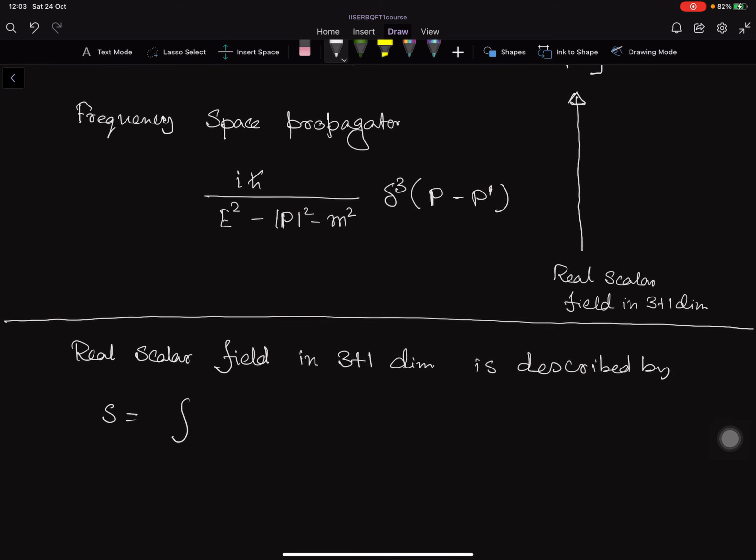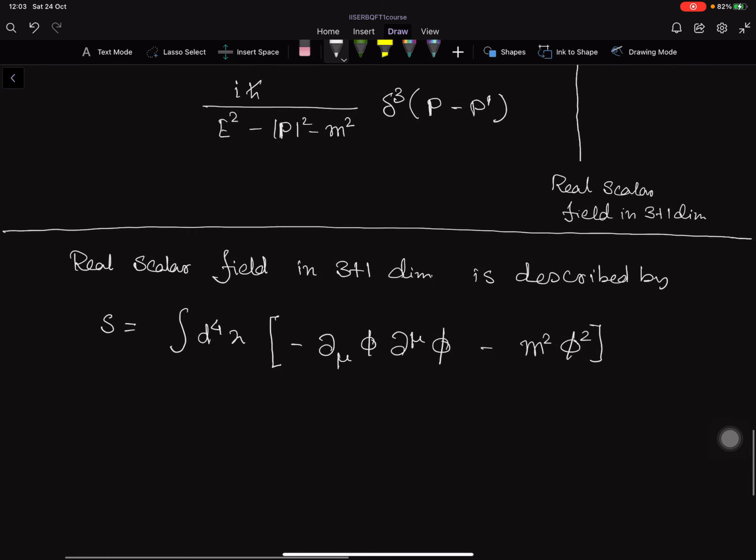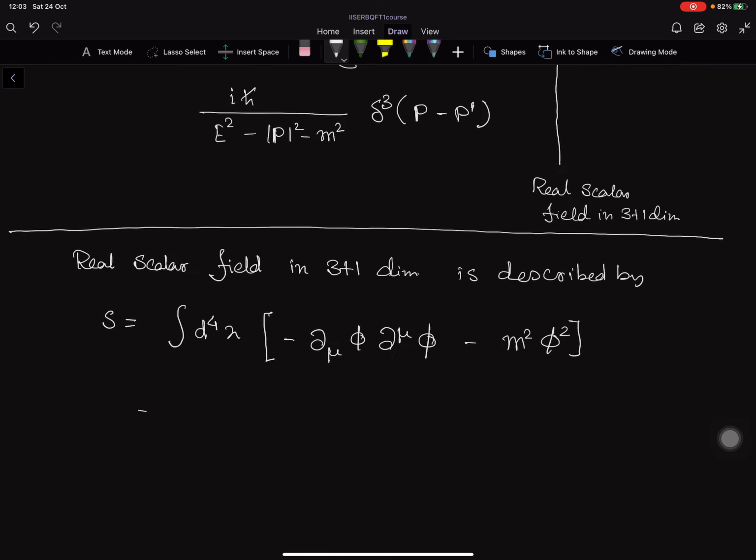We have ∫d⁴x, which is the same as ∫d⁴x of φ̇, the time derivative, squared minus (∇φ) squared minus m squared φ squared.